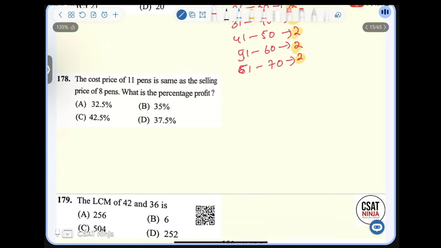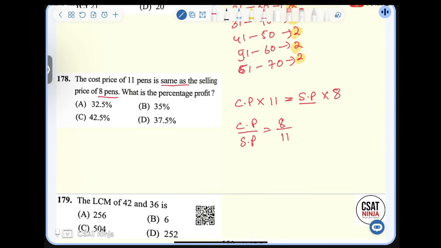The cost price of 11 pens is equal to the selling price of 8 pens. So cost price by selling price is 8 divided by 11.